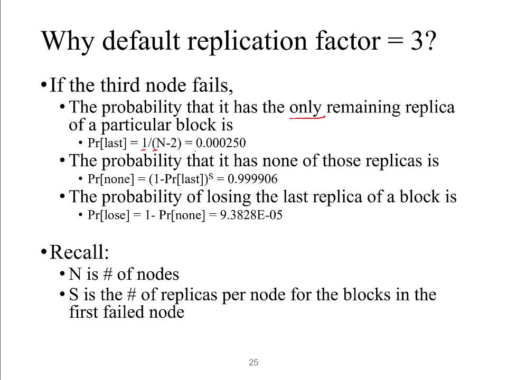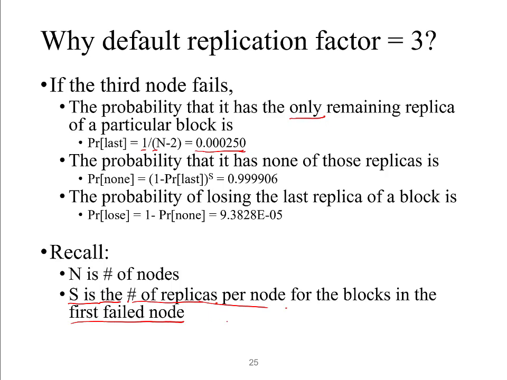This is a probability, which is this number here. So the probability that it has none of these replicas is 1 minus the probability that it has the last replica of a particular block, to the power of S. Recall that S is the number of replicas per node for the blocks in the first failed node.